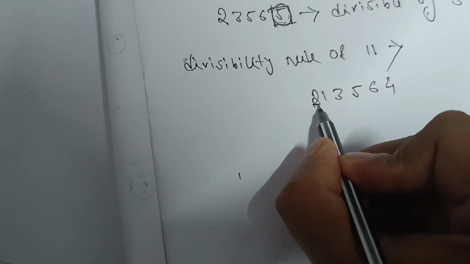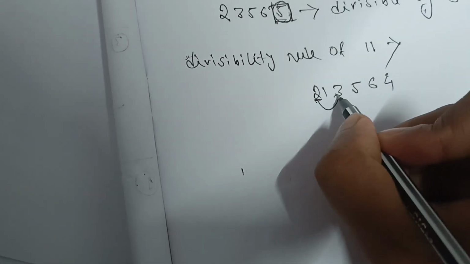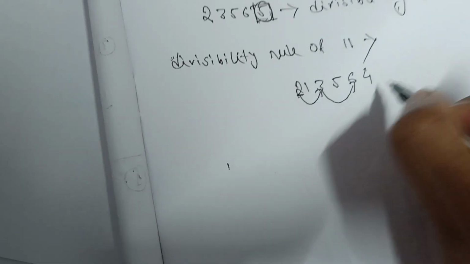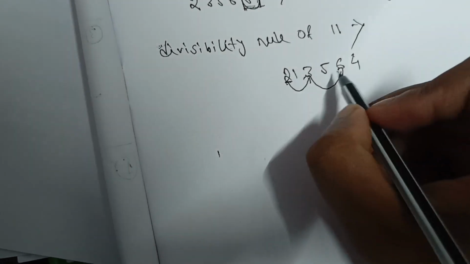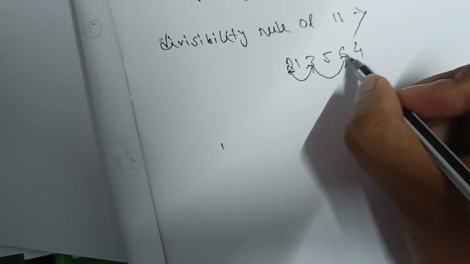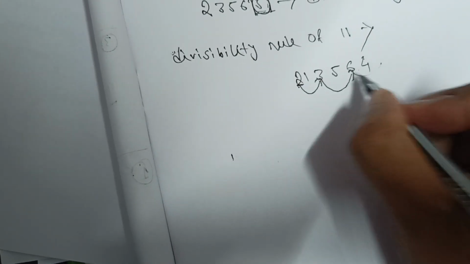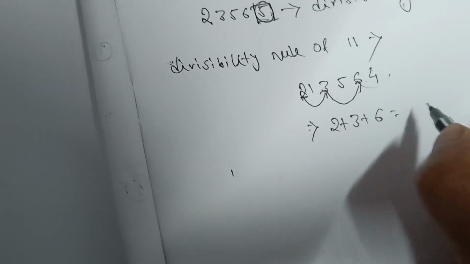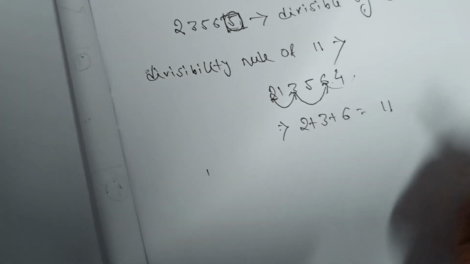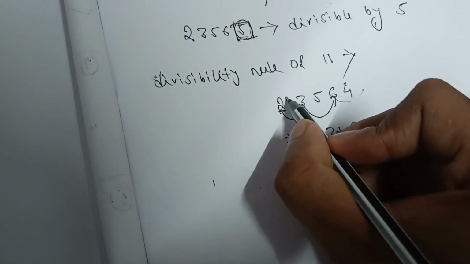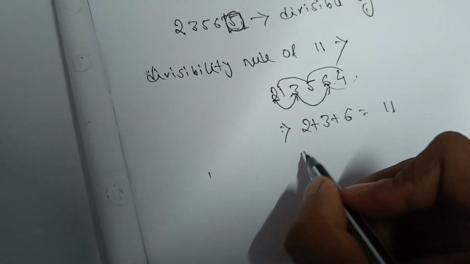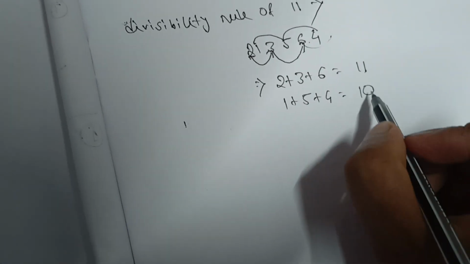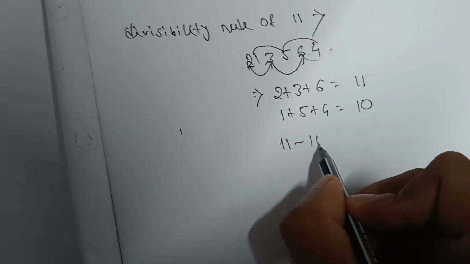Here, after 2, you have to add 3, and then 6, taking a gap of one place. So 2 plus 3 plus 6 is 11. Then the remaining digits, 1 plus 5 plus 4, give 10, and then you have to subtract this.